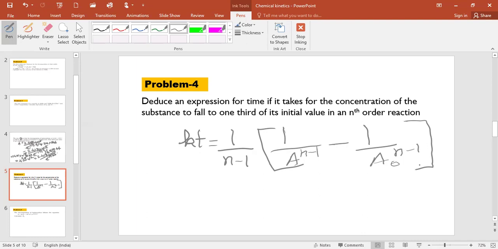Here a stands for the concentration after the time interval of t seconds, where a0 stands for the initial concentration.